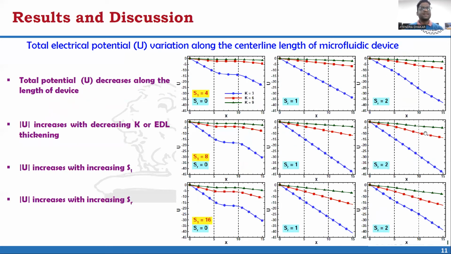Total electric potential variation along the centerline length of the microfluidic device. The absolute value of the total electric potential increases with the length of the device because clustering of the excess charge occurs due to the positively charged surface.